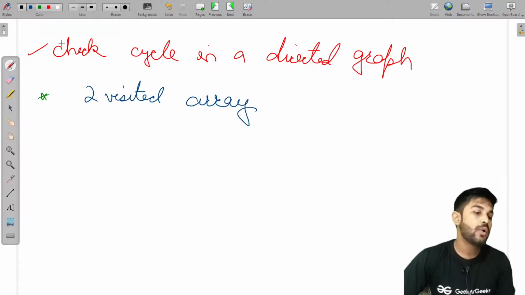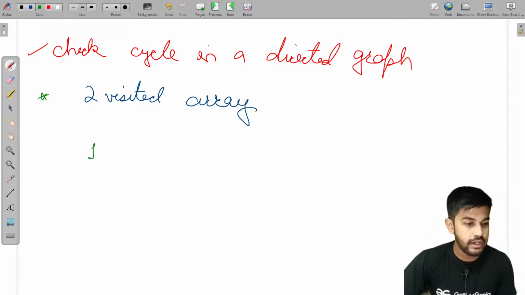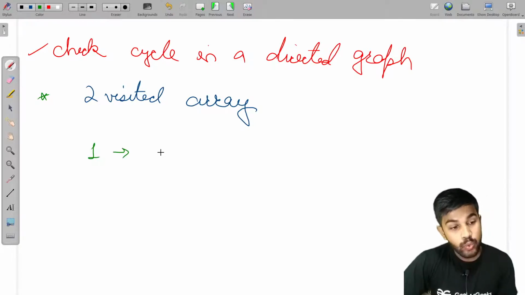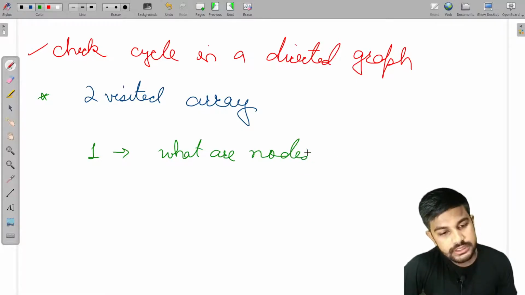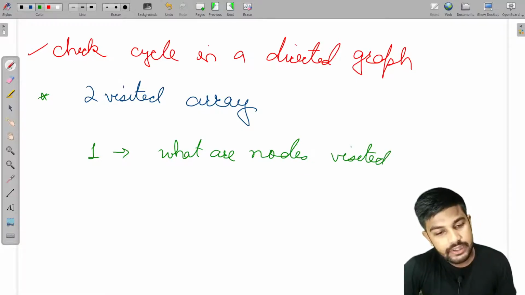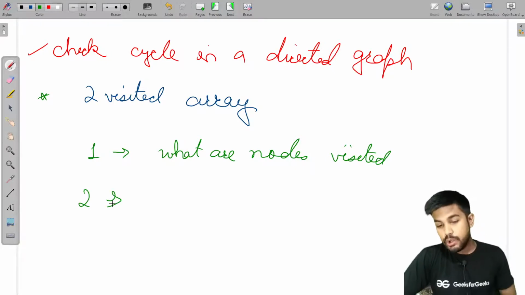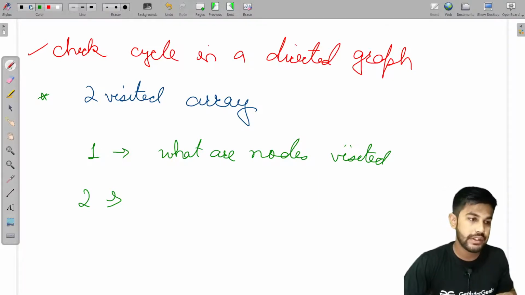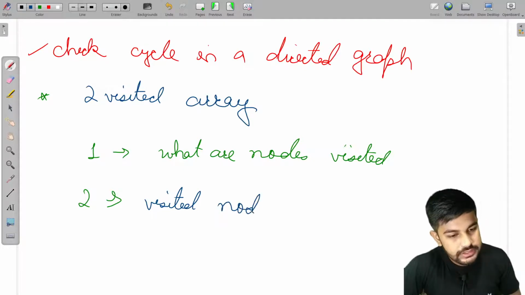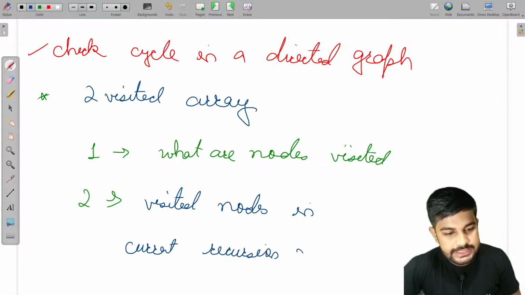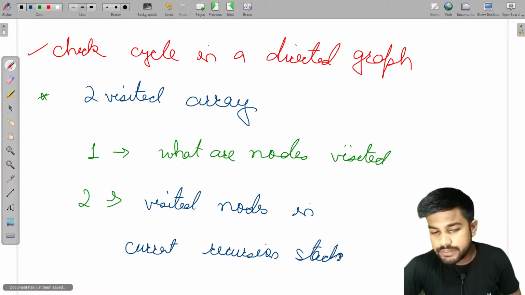One array would tell us the visited nodes, and the second one would tell us the visited nodes in the current recursion stack. This is a predefined way.